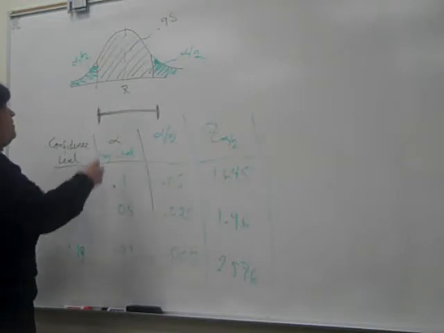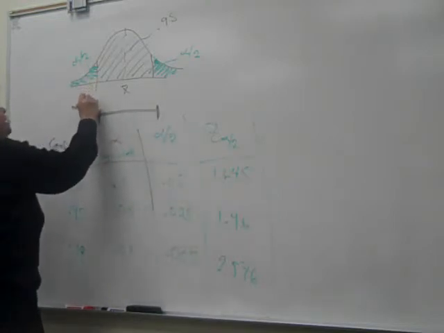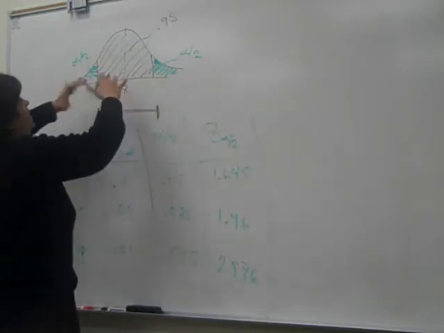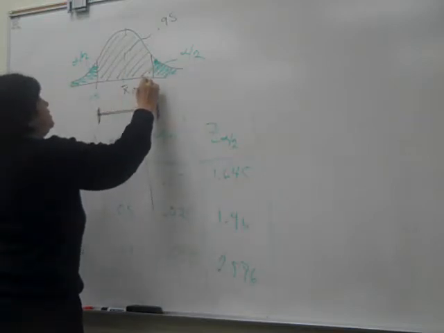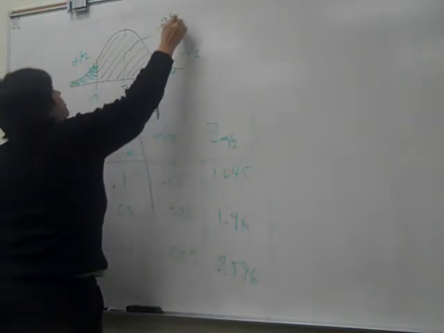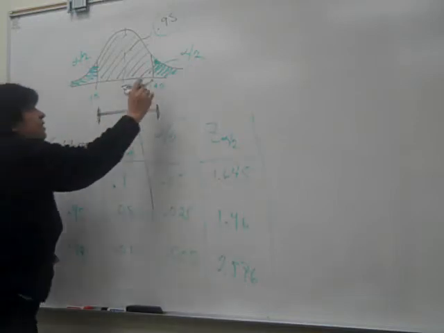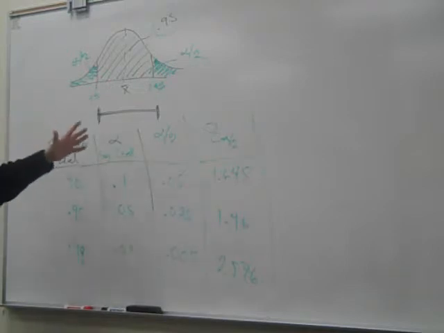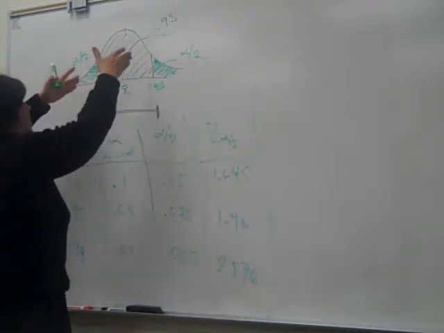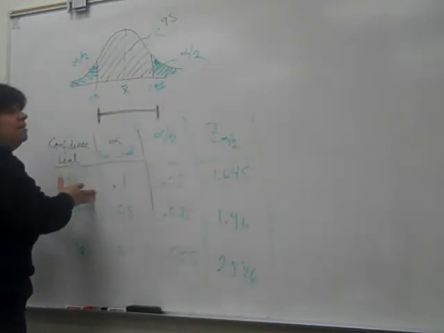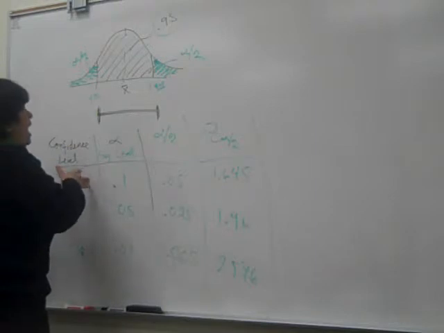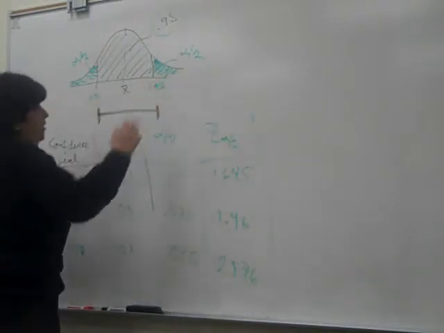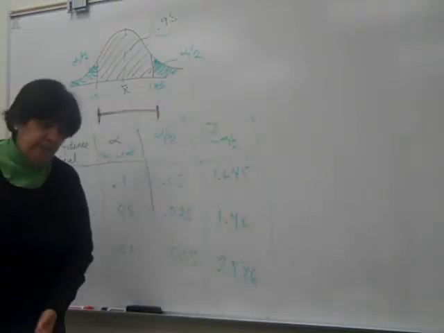So for 95, this value over here is negative 1.96, and since this distribution is symmetrical, this is 1.96 when we are dealing with a 95% confidence level. And that is the relationship between the level of confidence, how sure I want to be about my inference, and my alphas and alphas divided by 2. And this is my Z.